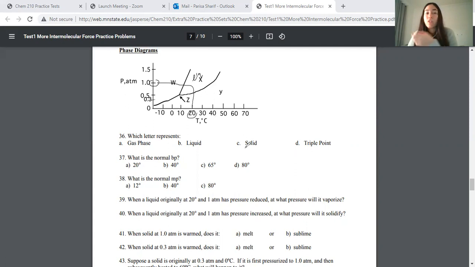And it asks at what pressure will it vaporize? We're keeping the temperature constant, but we want the pressure to get lower so that we can still get vaporization. So here it's about 0.5. I know it's a little bit off, but let's just say 0.5, because that's what the answer key says.